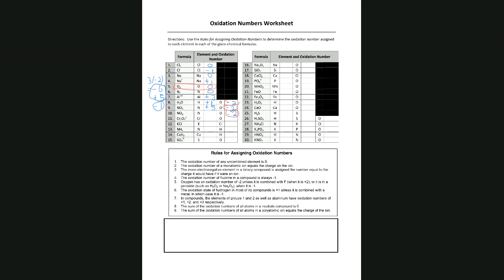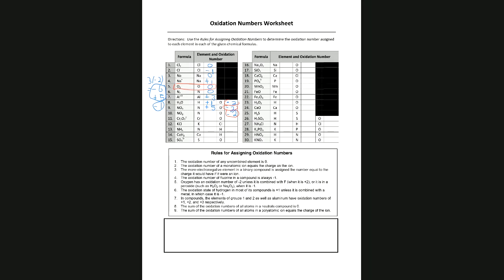Okay, so now we need a value for the nitrogen. This is going to follow the same thing we did for the NO3 negative. So Sadap, what do you think the nitrogen is going to have to be in order to balance out 2 oxygens, each oxygen being a -2? +2, but we've got two of them.